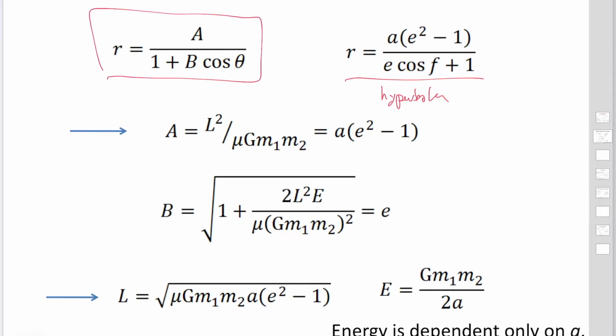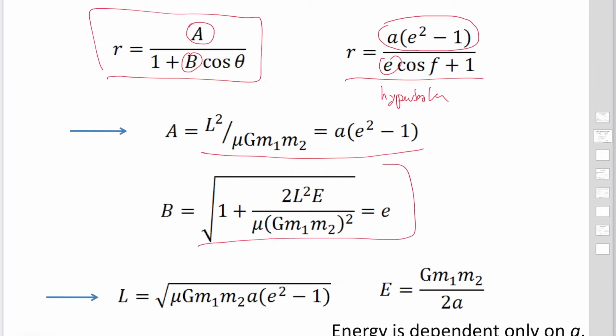So by looking at the numerator, A is equal to this one. A can be expressed as L squared over mu G m sub 1 m sub 2. We have this equation. And then B is equal to the e. So we have another equation.